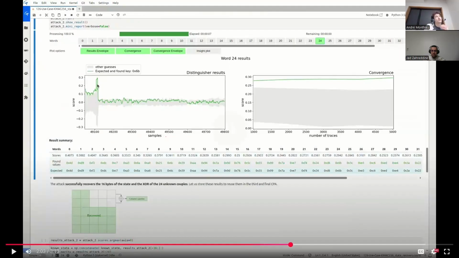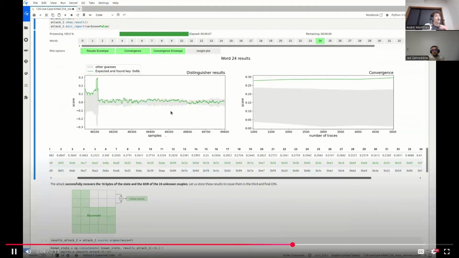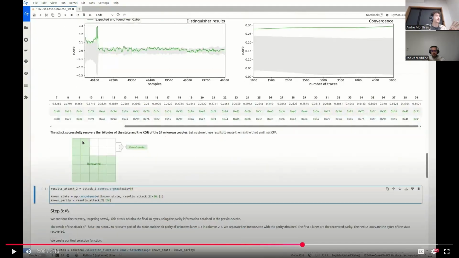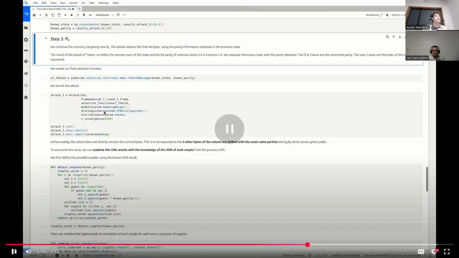And you can see that the leakage peak is actually at the beginning of the frame, which is to be expected because theta 1 is the first operation being done in the Keccak F permutation. So we have now successfully recovered 16 other bytes, which are right there, and what I call here the column parities, which is the XOR of the 24 unknown couples left. So we store the results and we move on to theta 3 to recover the remaining bytes.